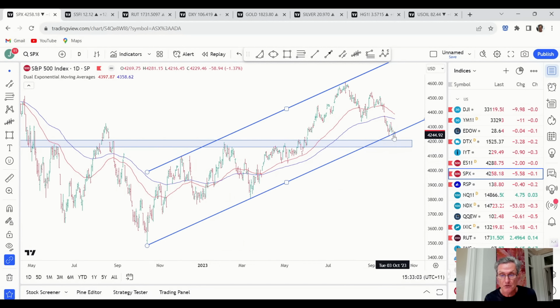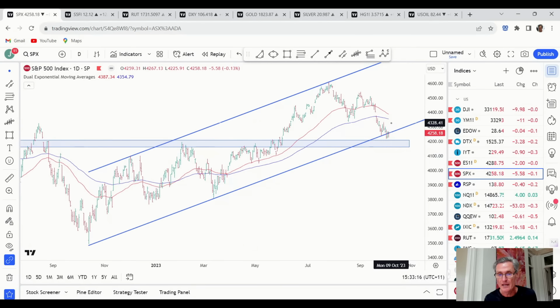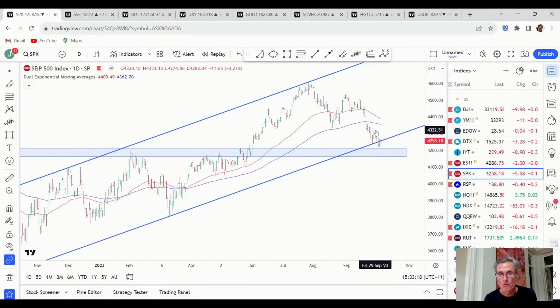The S&P 500 has come down to the lower boundary of this trend channel, and we initially saw a bounce late last week, early into the current week, and then in the last few days, we've seen the price action start to give way again and retest and actually edge through to the downside of the channel.